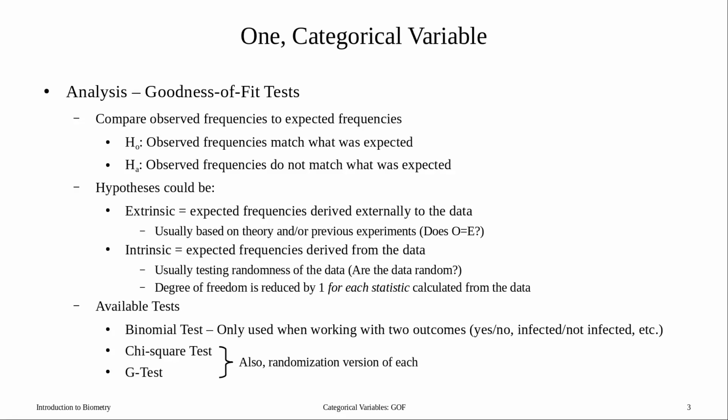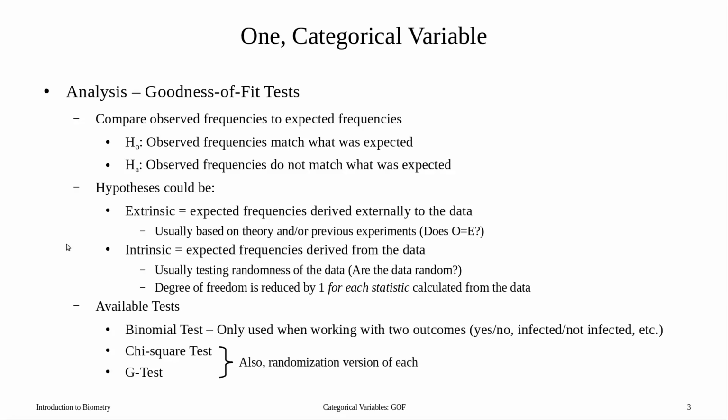In which case, we utilize our data to get some of the summary statistics that are then used to generate our expected frequencies. When we use intrinsic hypotheses, for every statistic that we estimate, we lose a degree of freedom. And this will become important when we come back to fitting distributions.